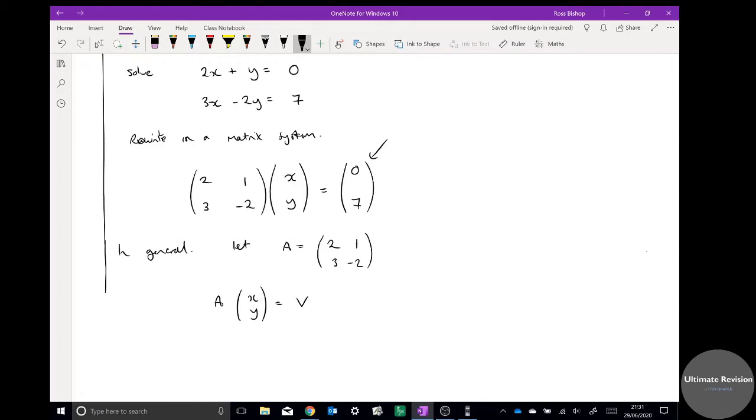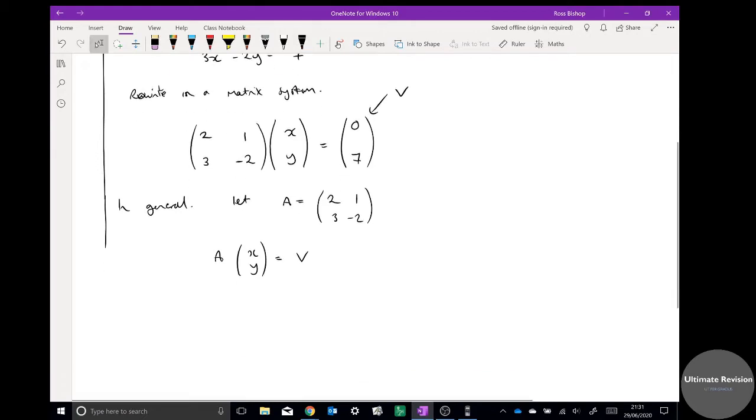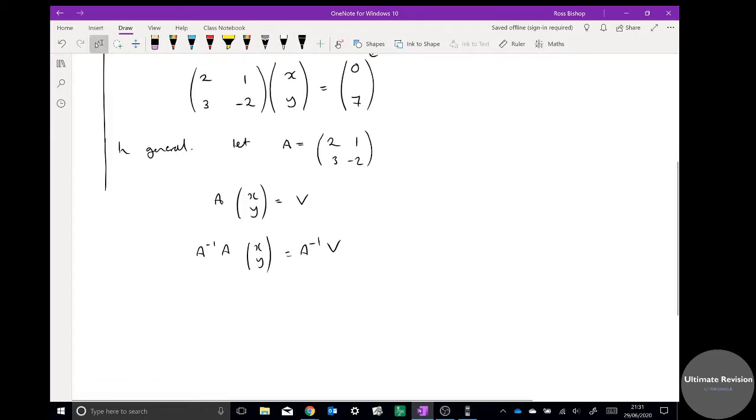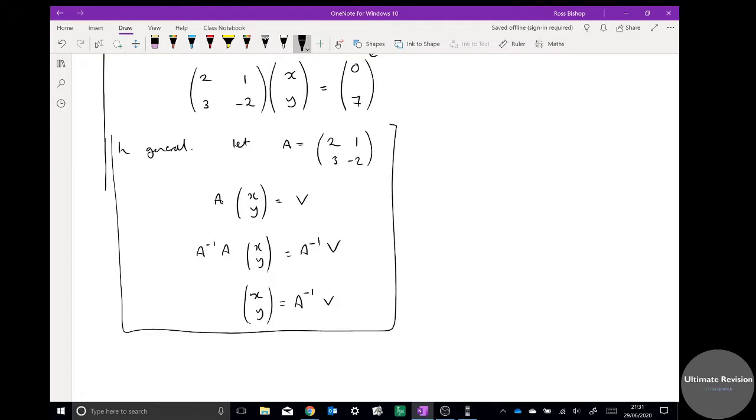I'm going to call that the answers vector V. Therefore our solution, if I multiply both sides by the inverse of A, remember I've got to get the order right as well, is that x, y will equal the inverse matrix times the answer vector. I'm going to use that to actually answer this question.